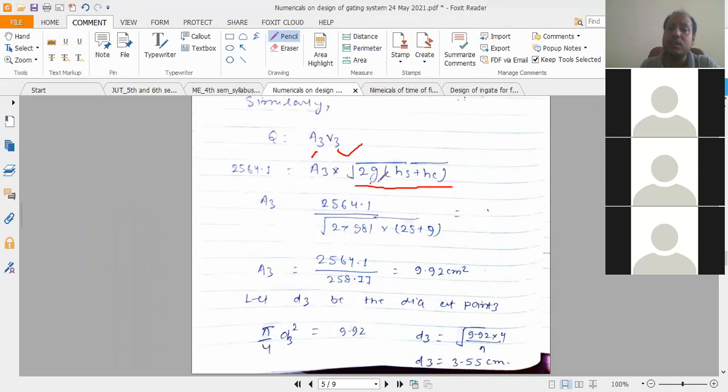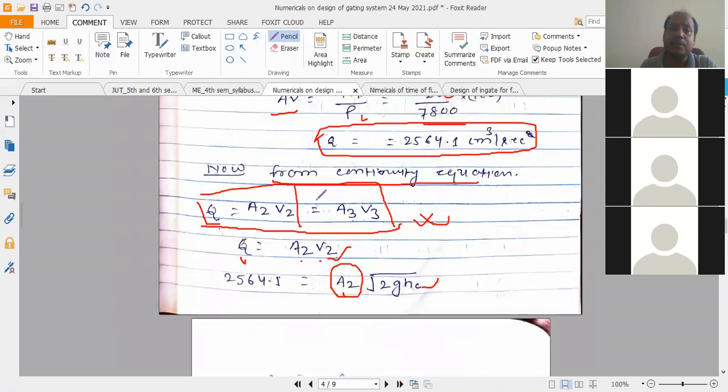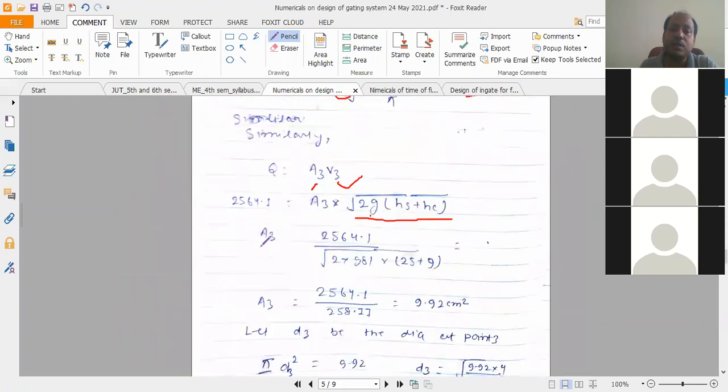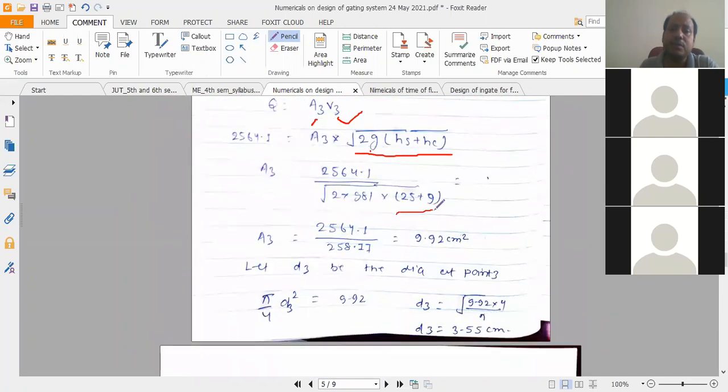V3 you have to determine by this formula. V3 is equal to root under 2g times total head. Total head at point 3 will be the sprue height and the pouring basin height. So total height is equal to 9 plus 25, and it will be equal to 34. We can calculate it by calculator, and the A3 will be 9.92.